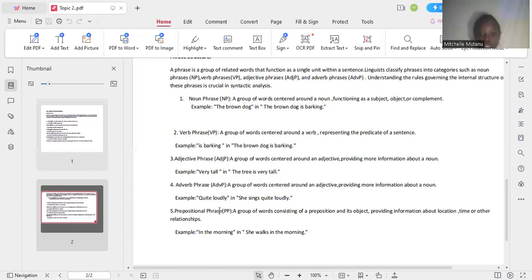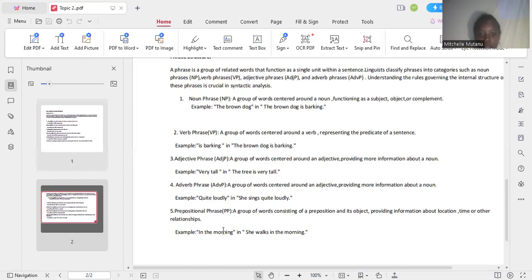Preposition, it can be a noun or a pronoun. So here we have a pronoun, she. A prepositional phrase is a group of words consisting of a preposition and an object, providing information about location, time, or other relationships. For example, in the sentence, she walks in the morning.